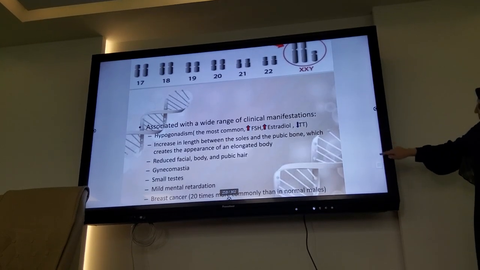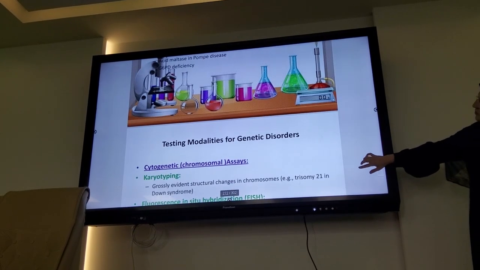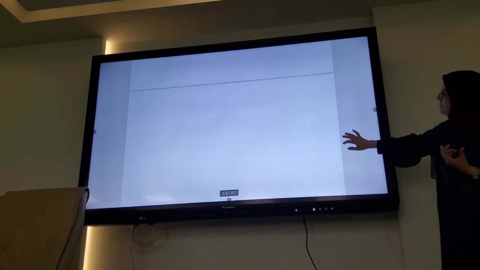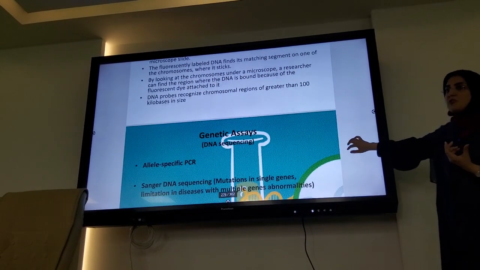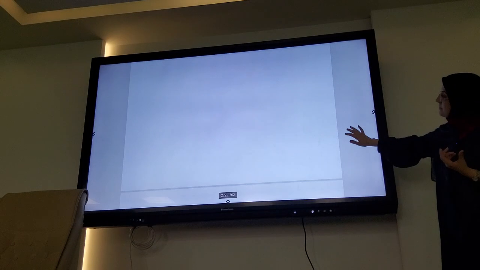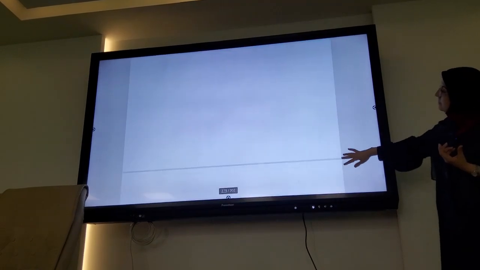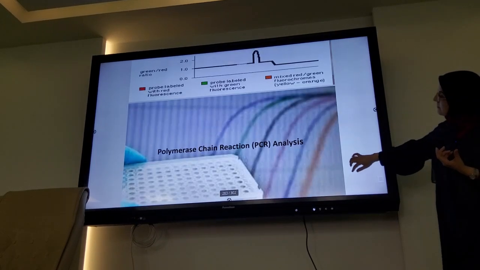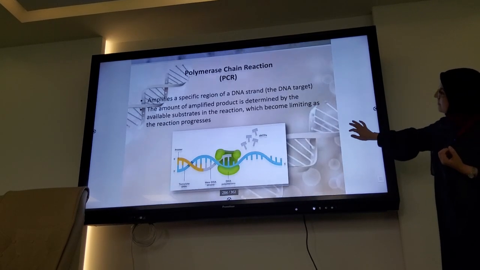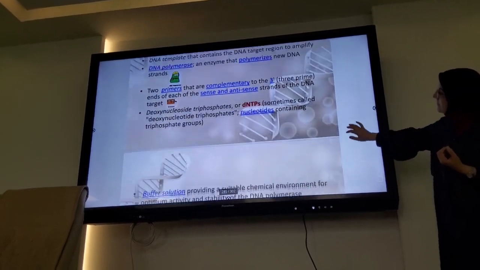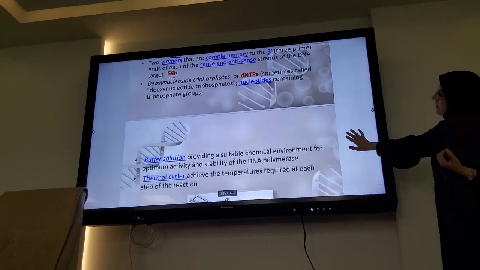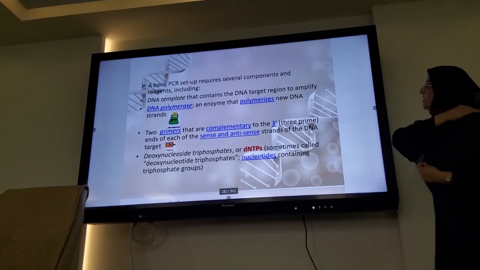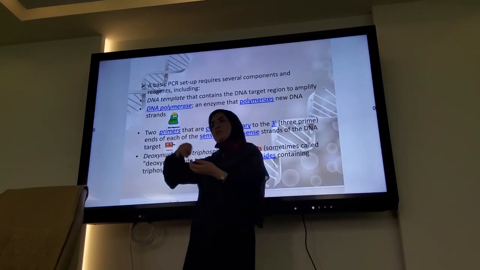The comparative genetic type is not for your class. So for PCR, we need DNA polymerase.